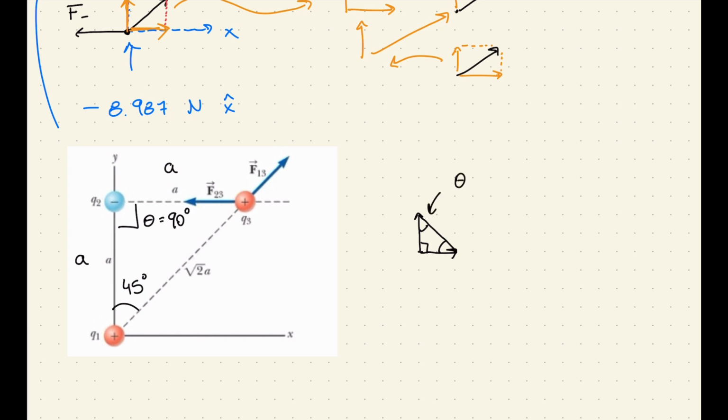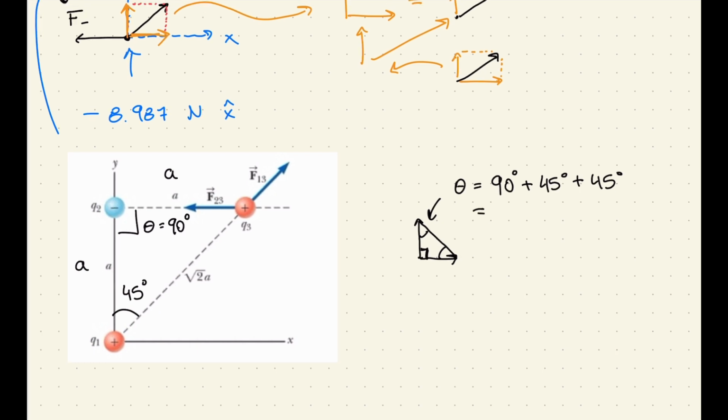By the way, if you add up all the angles in a triangle, here we have 90 degrees, plus 45 degrees, plus 45 degrees. You will always get the sum of the interior angles of a triangle to be 180 degrees. 90 plus 45 plus 45, both these 45s equal 90. And 90 plus 90 equals 180. Why does this work? Guys, I don't know.